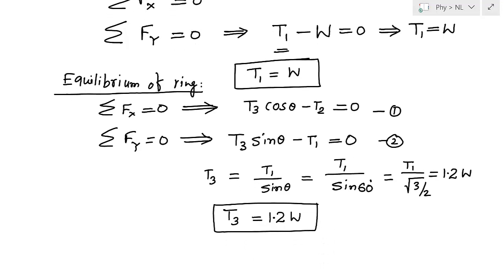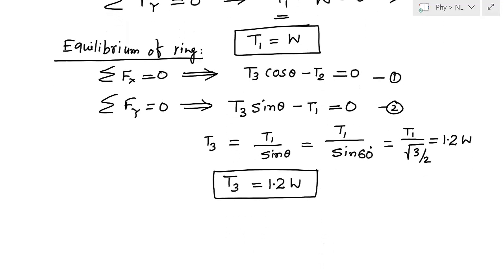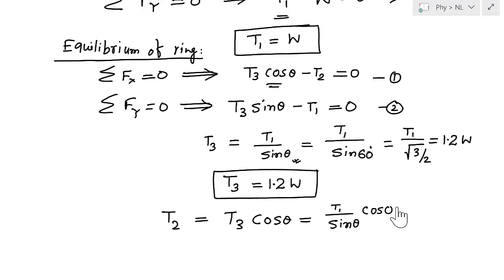Finally, I can use equation 1 to calculate T2. So T2 is how much? T2 is simply T3 cos theta. And now I know T3: T3 is basically T1 divided by sin theta. So T1 divided by sin theta and then multiplied by cos theta.